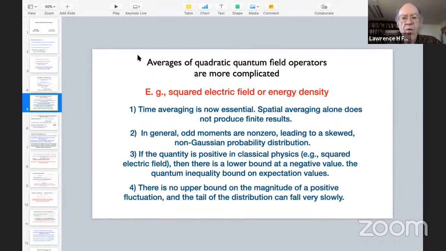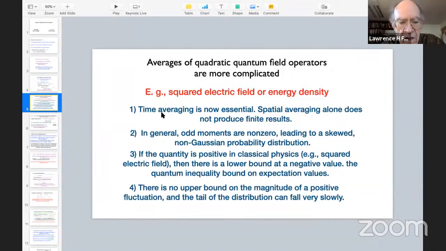So let's look now at quadratic operators, such as the squared electric field or the energy density, which is quadratic in the electric field squared and the magnetic field squared. Now, I'll quote some results. I won't have time to go through all of them, and we'll talk about some of them a little bit more in this talk, but I won't have time to explain all of them today.